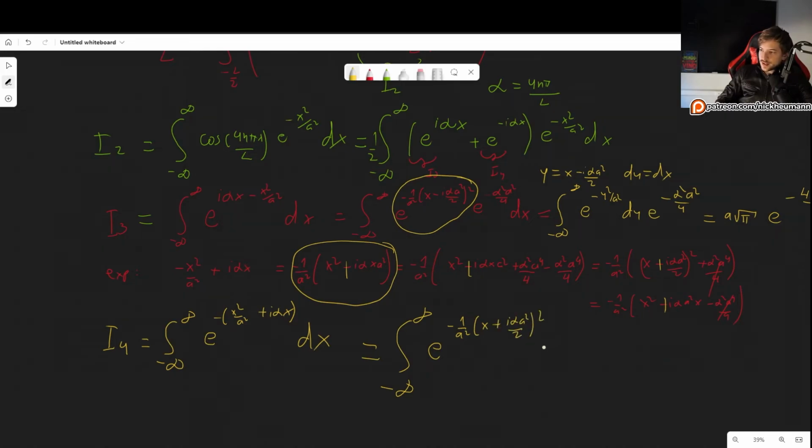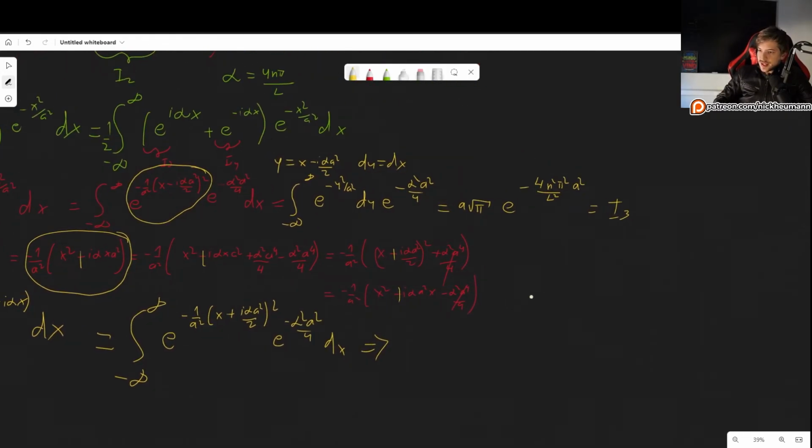It's the only thing that changed. Everything else is the same. So this thing gives us the exact same result as before: a square root of pi e to the minus 4n squared pi squared a squared L squared, which is of course I4, which is exactly the same as I3.